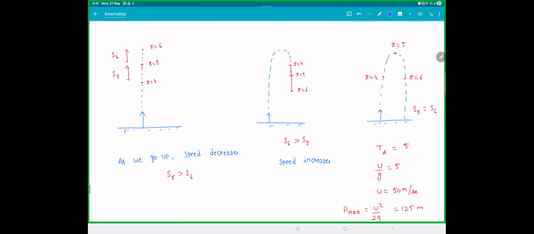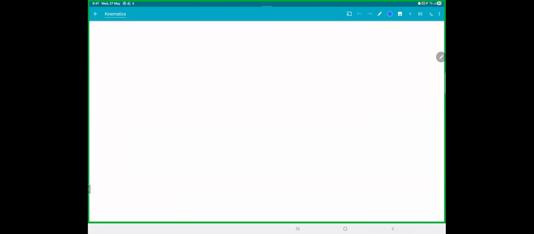Or you can do the 10th second stuff and everything, but because 4 to 5 is S5, 5 to 6 is S6, that means 5 is the highest point, isn't it? So when you went from 4 to 5 and 5 to 6, 5 is the highest point because both sides are symmetrical. Clear, no? Yeah, that is one thing.